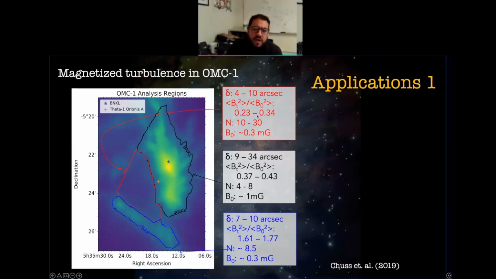And we saw that these are regions that have completely different magnetized turbulence conditions. All right, so this made us interested in having more details about the magnetized turbulence or magnetic field strength in this observation.